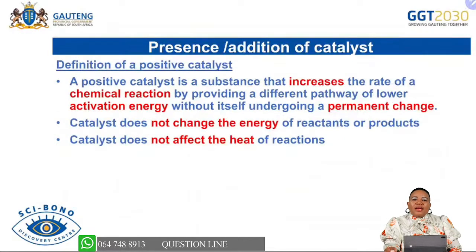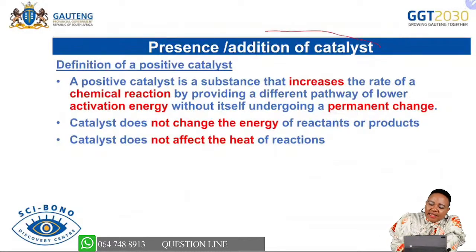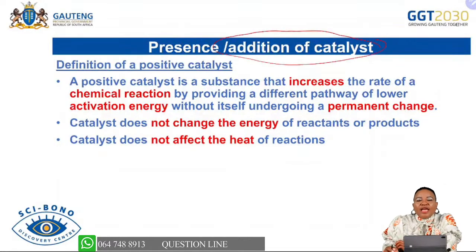Now, what will happen in terms of adding a catalyst? Remember, we have increased the surface area, we have increased the concentration. However, in this regard, we are now going to add a suitable catalyst. So adding a suitable catalyst can also increase the rate of reaction. Now, what is a positive catalyst?